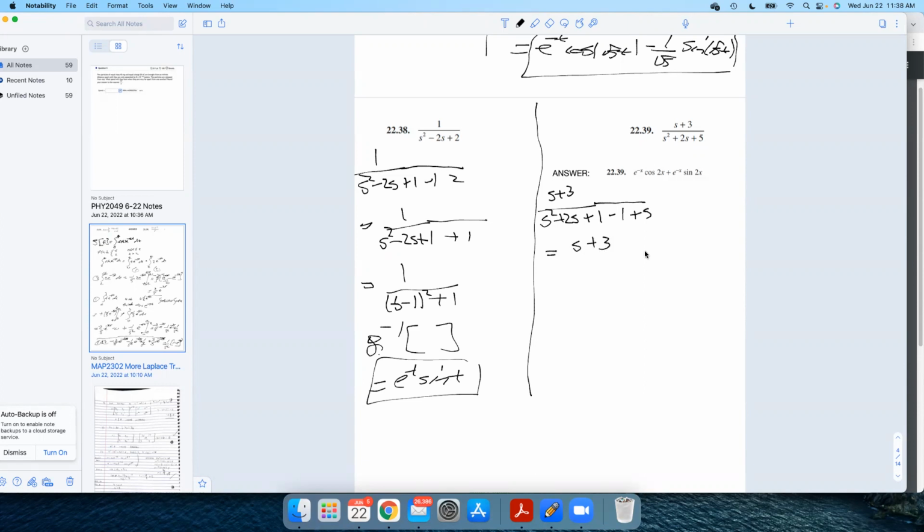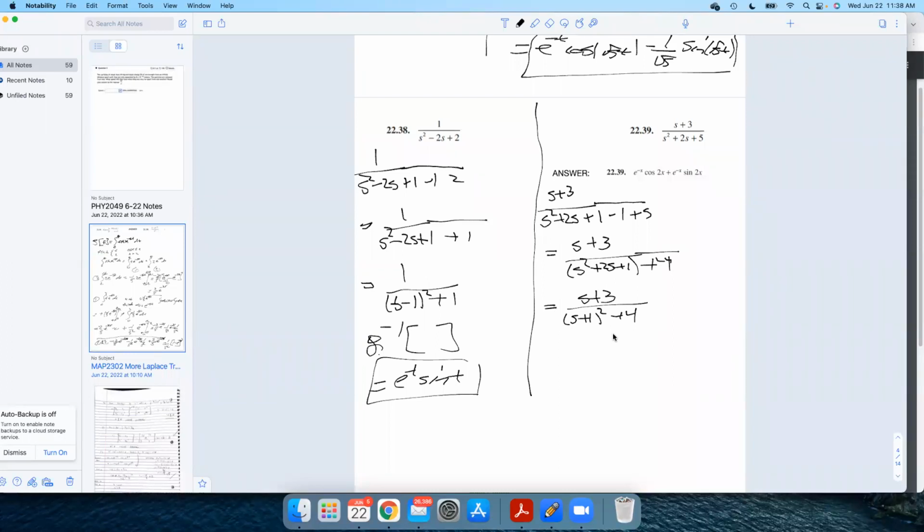So I get this, s plus 3 over s squared plus 2s plus 1 plus 4. That's a perfect square trinomial. That'll factor, (s plus 1) squared plus 4. Okay, I'm pretty happy.